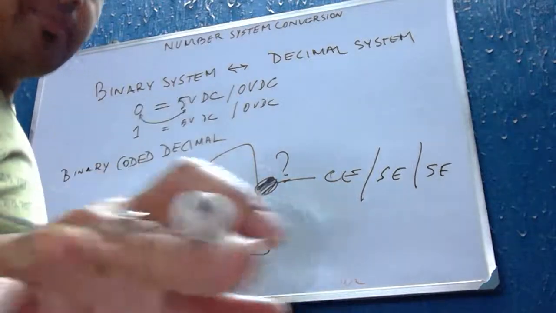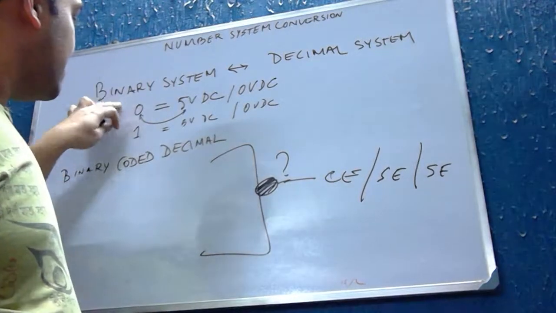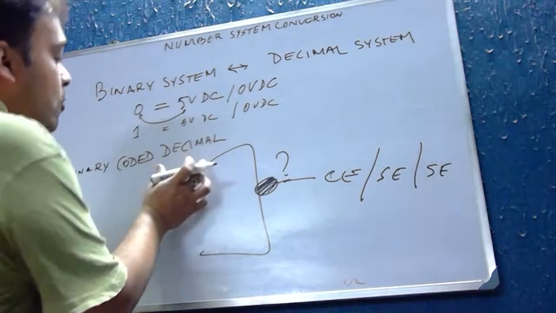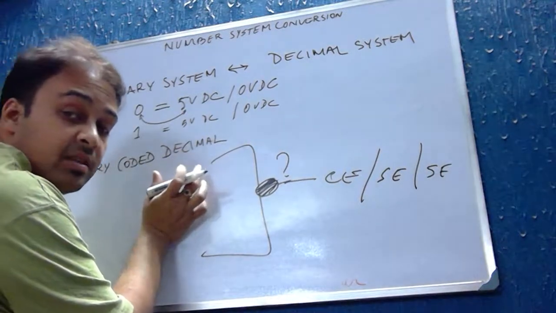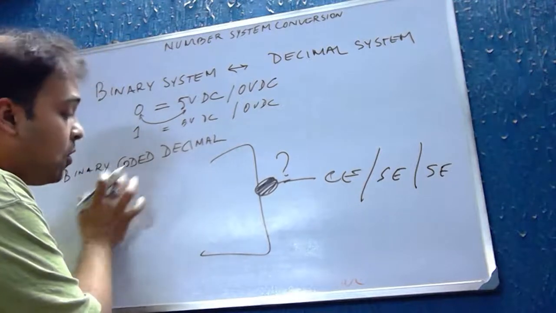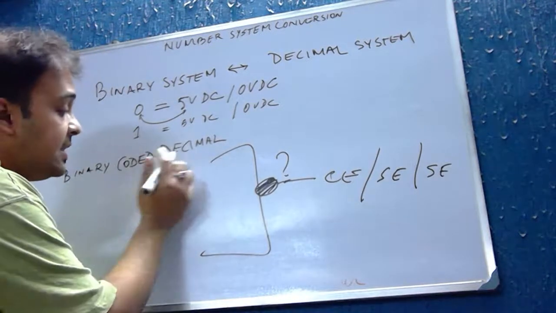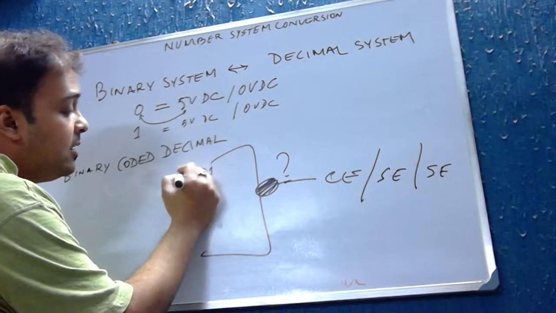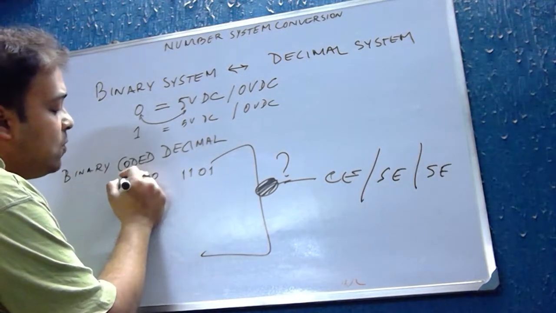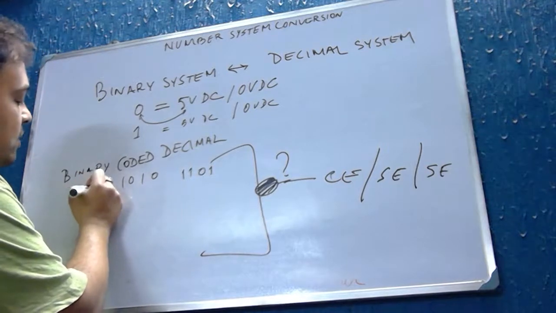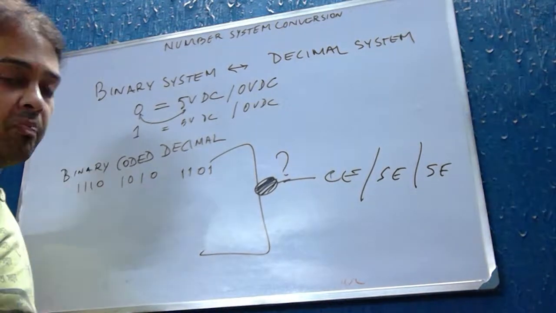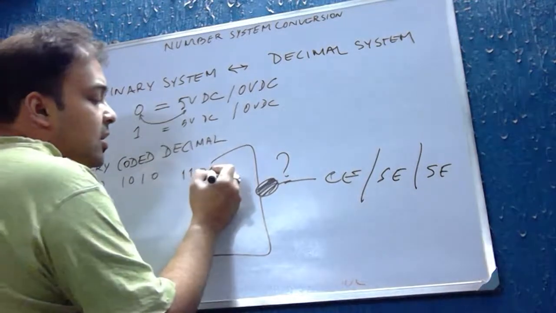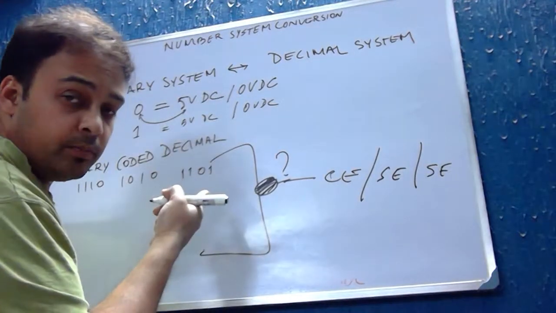There's nothing to worry. If you can handle this, you can handle this. It's nothing but a set of 4 binary numbers, or maybe more. Say 1011, 0101, 1110, right? So what you're going to do, you're going to apply the same rule.